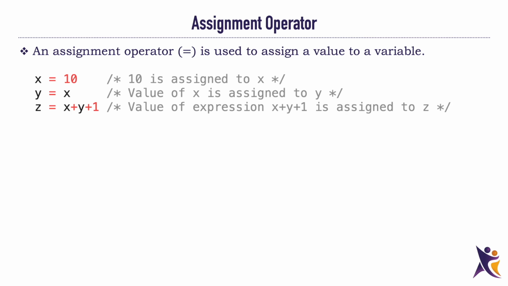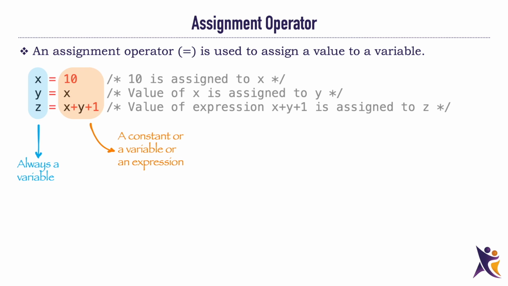The left hand side is always a variable, and then we have the assignment operator equal to, and the right hand side can be a constant or a variable or even an expression, right?